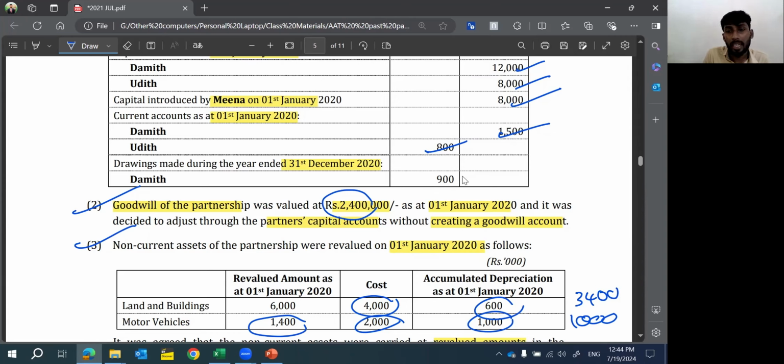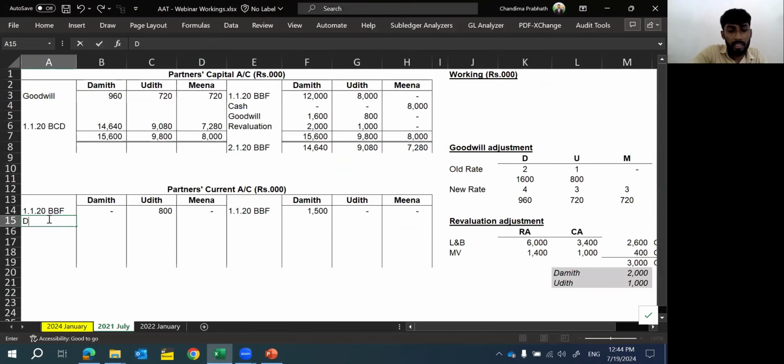Debit to current account. Damit's current account I am debiting, drawings, 900. No drawings for Udit and Meena.